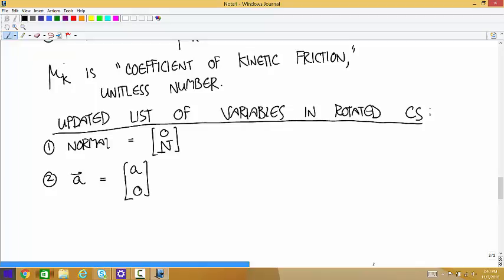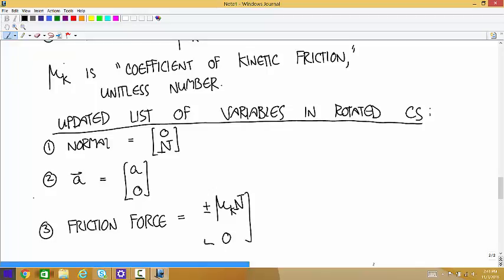And now if the friction force is acting, so the velocity has to be along the surface. The friction force then has to be along the surface too. So what do we know about the components of the friction force vector? To be along the surface, it has to have an x component only. And so this is going to be plus or minus coefficient times normal for the x component, and then 0 for the y component.